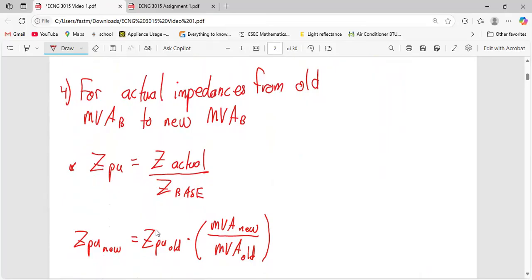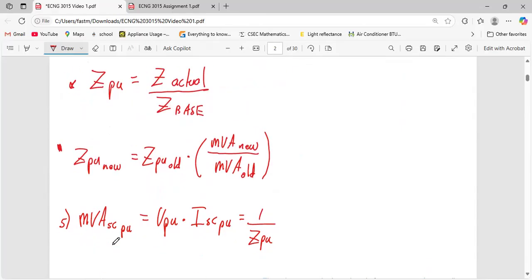And then this one here will tell you what the per unit would be on a different base. So the Z per unit new would just be the old per unit multiplied by the new MVA base divided by the old MVA base. That will give you the new Z per unit.